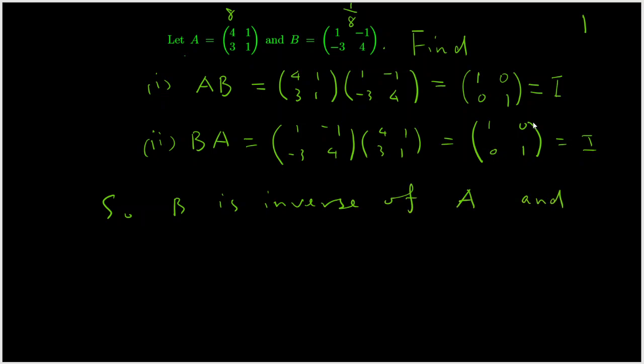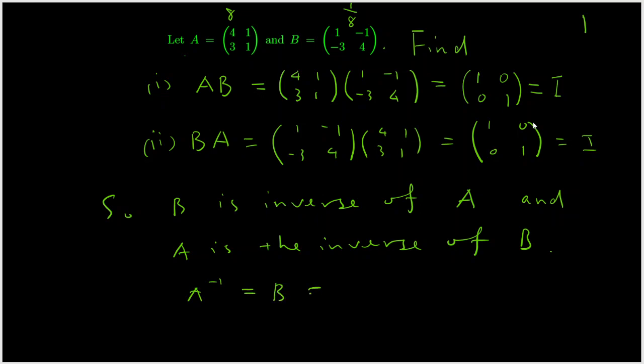And also A is of course an inverse of B by the symmetry. In general, if B is the inverse of A, then A is also the inverse of B. Now the notation, we can say the inverse of A is actually B, right?